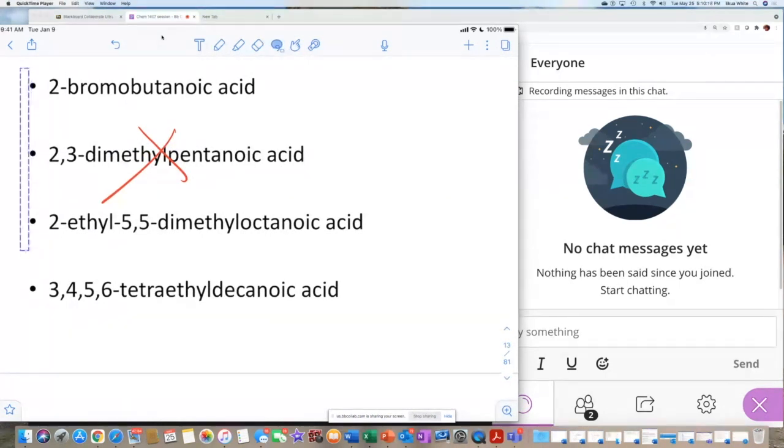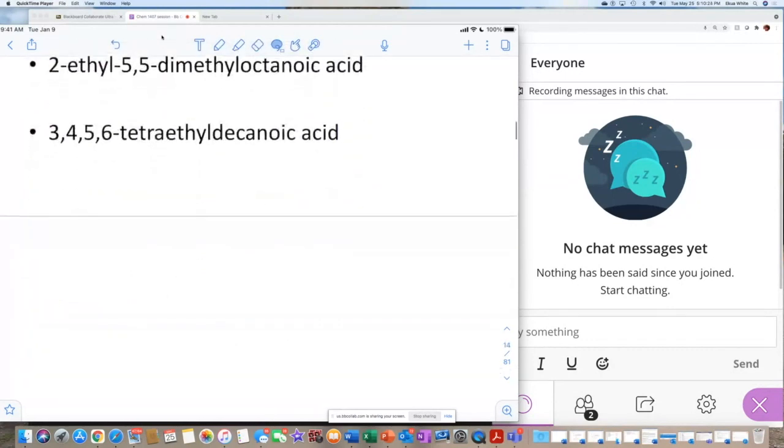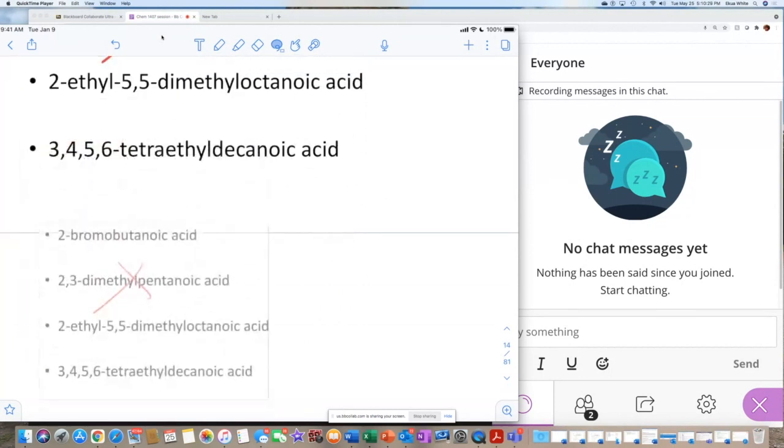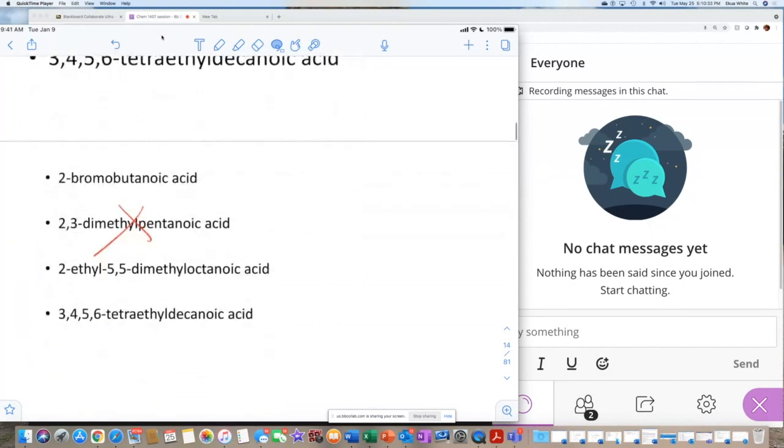I'll actually copy all of this. Copy, and try to find an interesting way to paste this. Hold on. And then copy again.